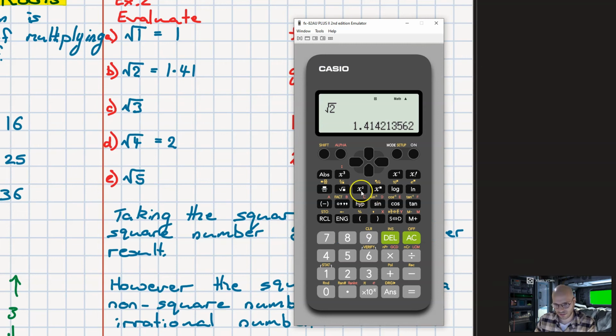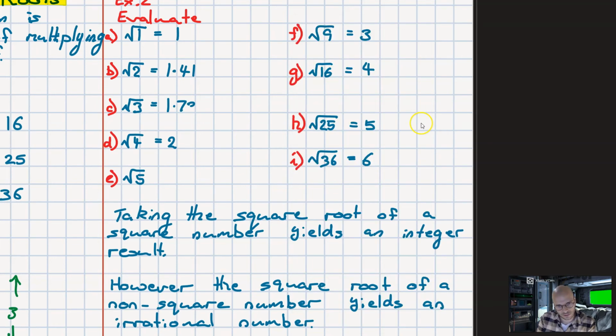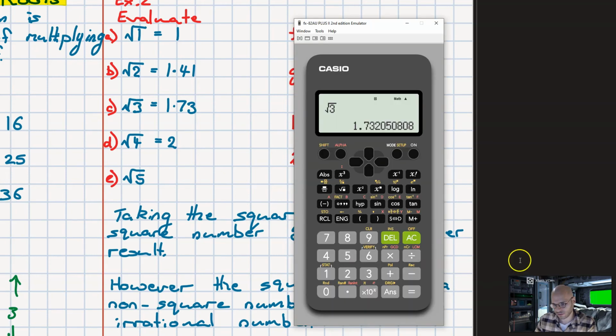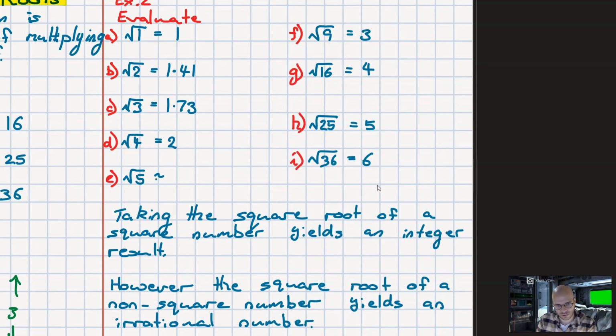Square root of 3 is 1.73. And square root of 5 is going to be 2.24 rounding upwards. So roughly 2. So what we find from this is that taking the square root of a square number yields an integer result.